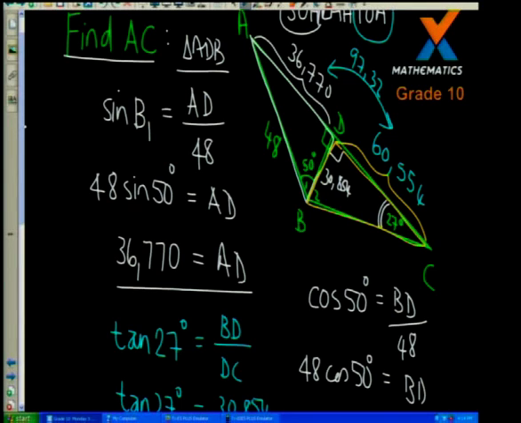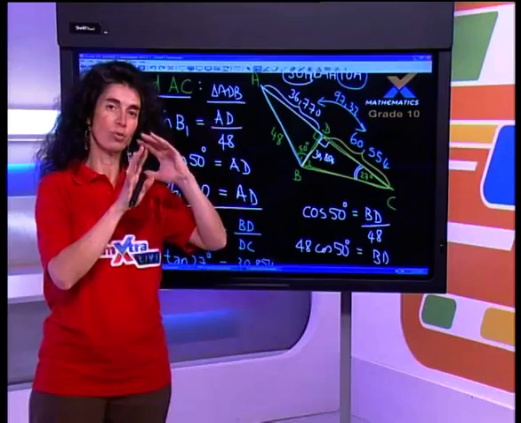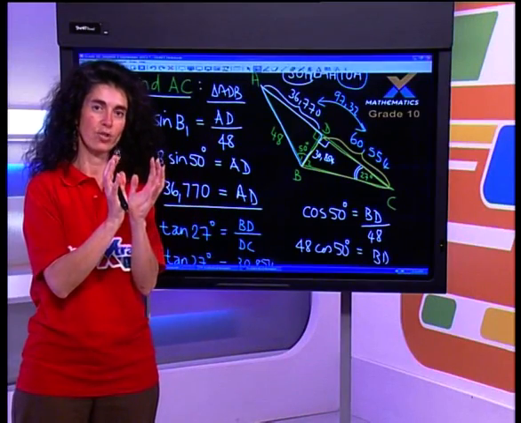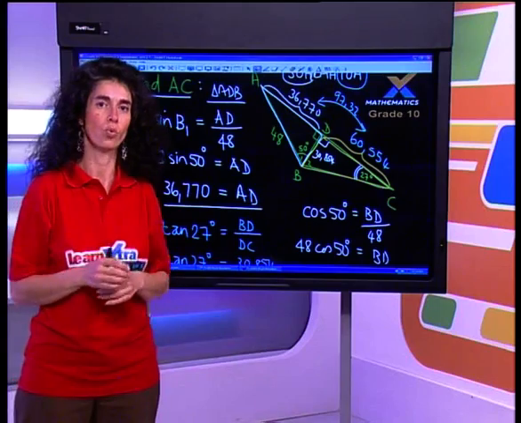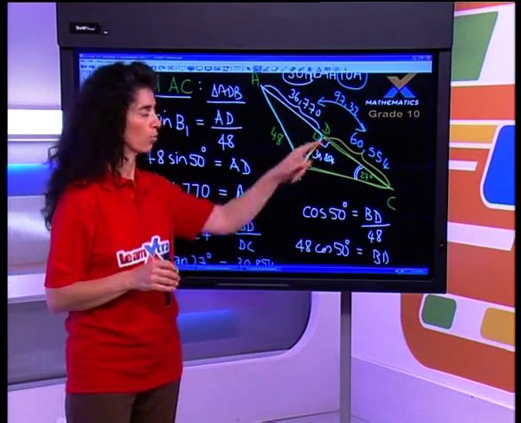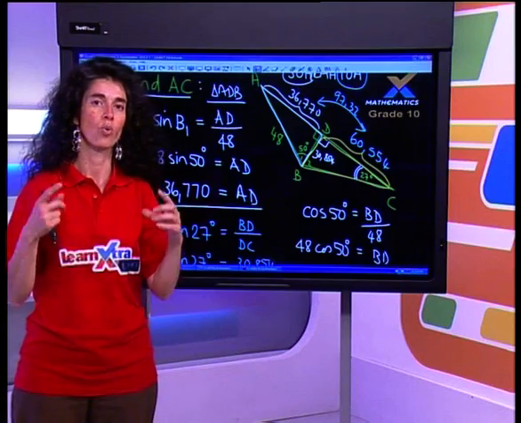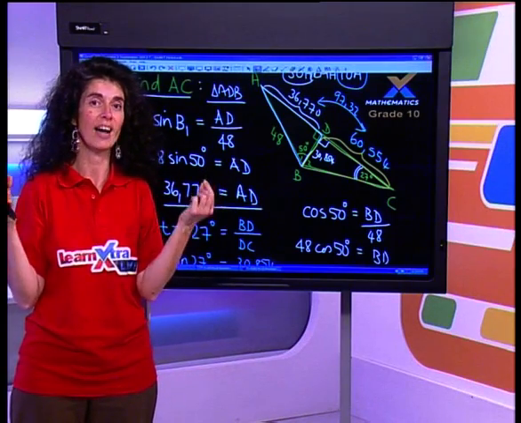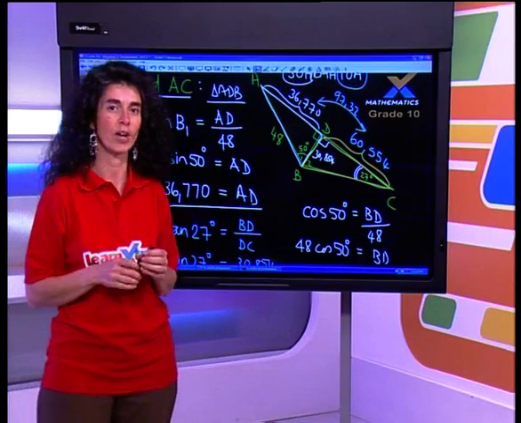Okay, so a wonderful example to show how we need to break up a complex diagram into simpler units of right-angled triangles, and working within those various triangles, we can then work out what that total length of AC was, which originally we couldn't work out because we were not inside a right-angled triangle.